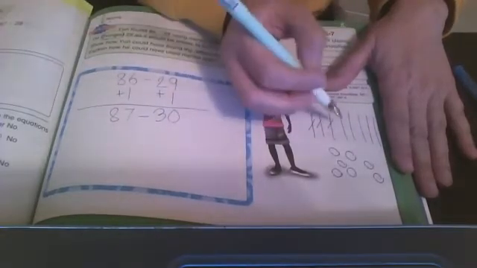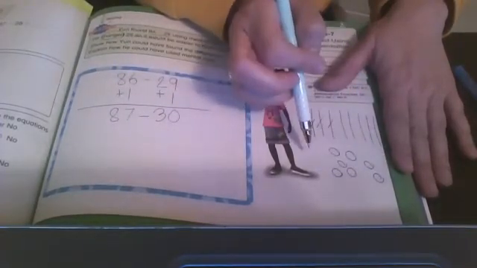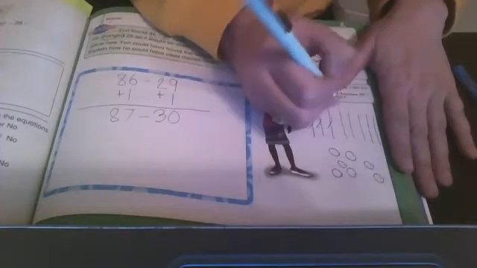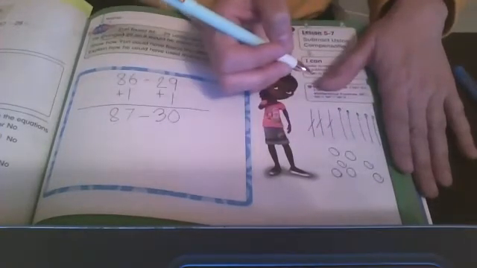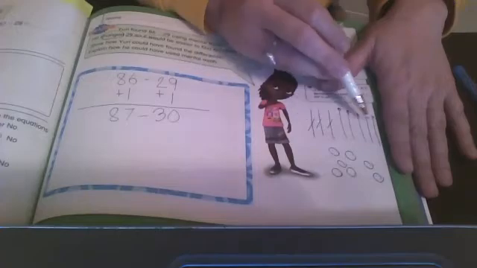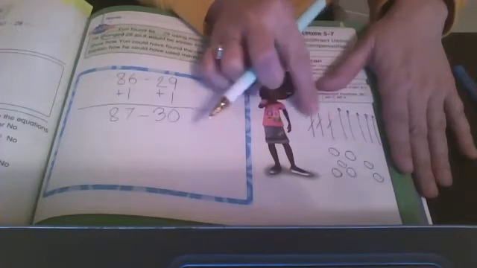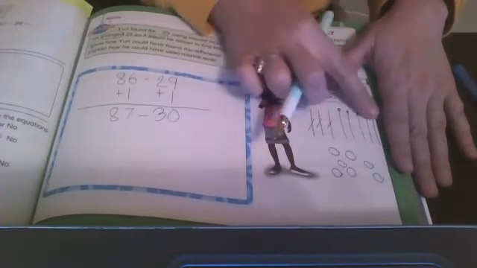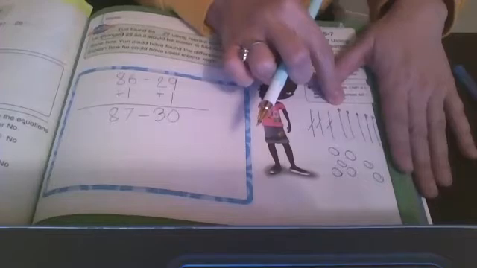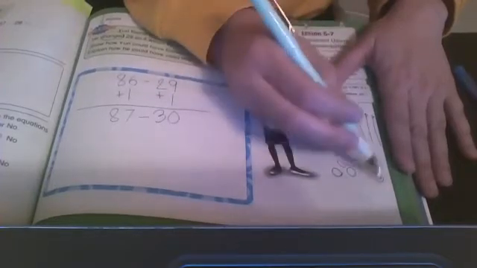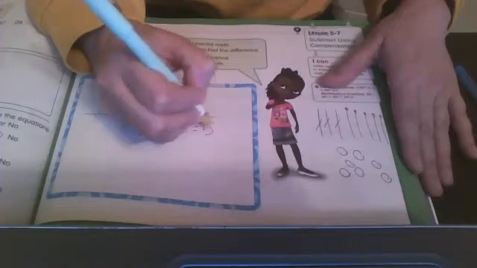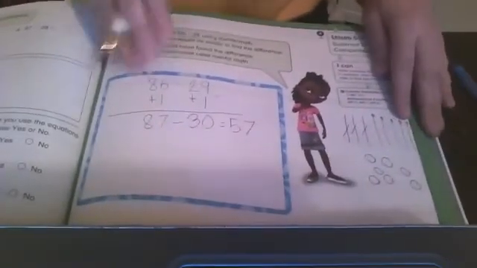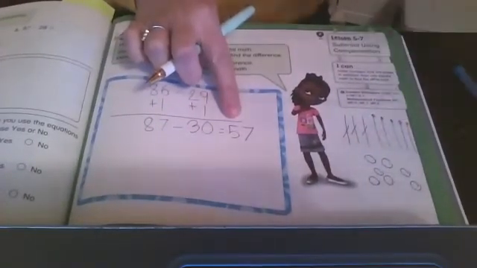Okay, now I know that my ones aren't being touched at all. Let's count by tens. 10, 20, 30, 40, 50. That makes sense, right? Because 80 take away 30 would leave me with 50, right? So now I have 50 and I still have 7 ones. So 57 is my difference, okay?